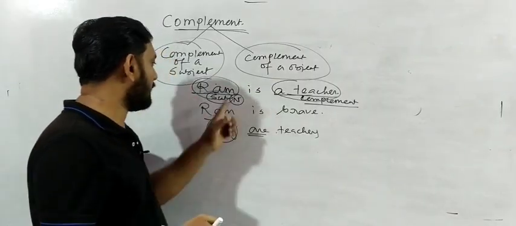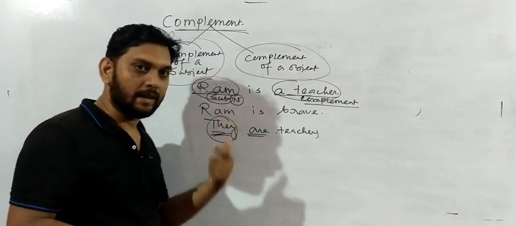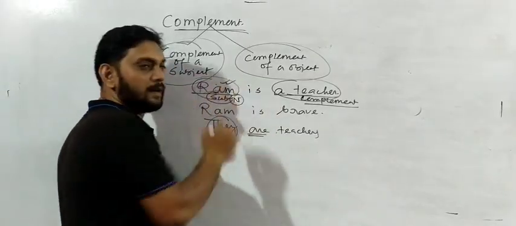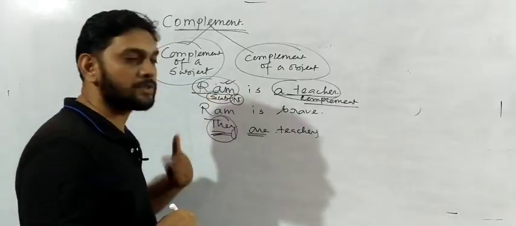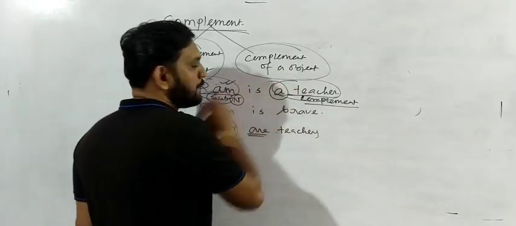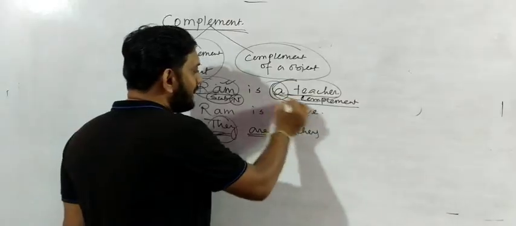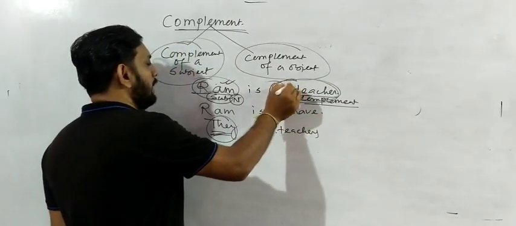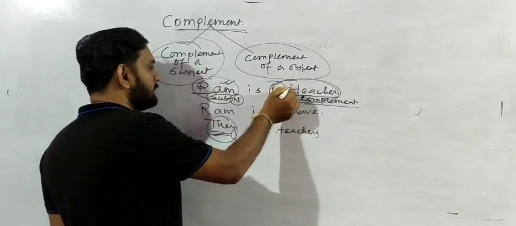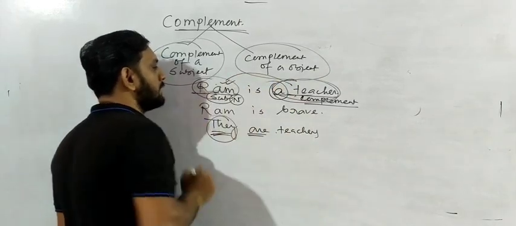If there is only one person, we have to consider it a singular subject. So Ram is a singular person, so we can consider it a singular subject. That is the reason we have used "a". So "a teacher" is extra information that has been given for this subject.